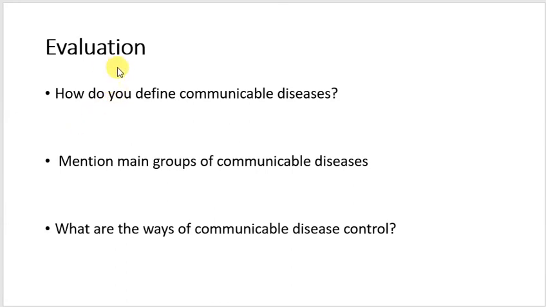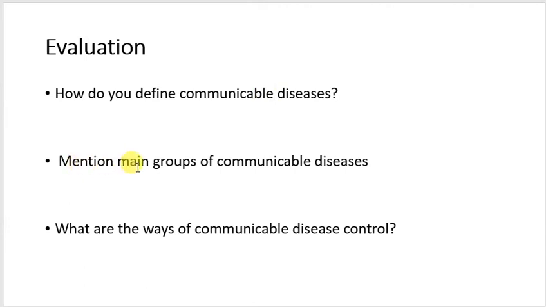Evaluation: this slide is used to remind you of what you have understood and what you haven't. So how do you define communicable disease? Just to remind you, communicable diseases are diseases which are transmitted from one person to another person or from animal to person.